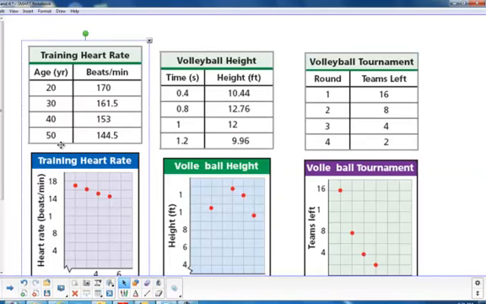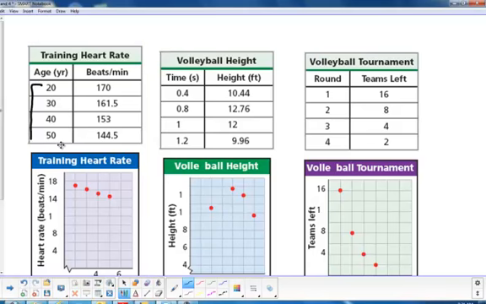So if we look at the first situation, we have something that is decreasing by pretty close to a constant amount. The first thing you have to look at is your x values. Our x values are increasing by 10. So if we do 144.5 minus 153, we get negative 8.5.